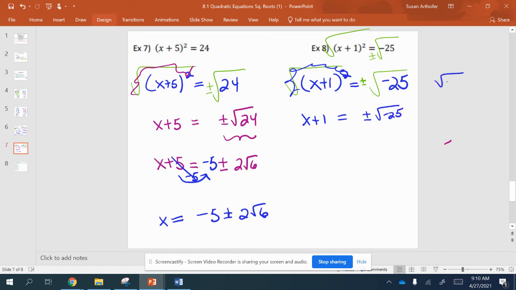So square root of negative 25 from yesterday's lecture can be broken down into 25 times negative 1. Square root of 25, out pops 5. And you have to know that the square root of negative 1 is i.